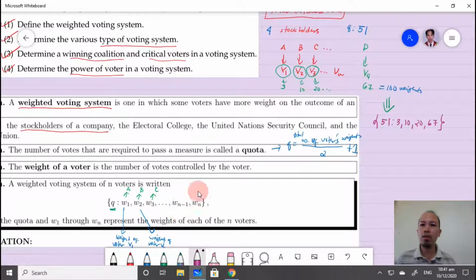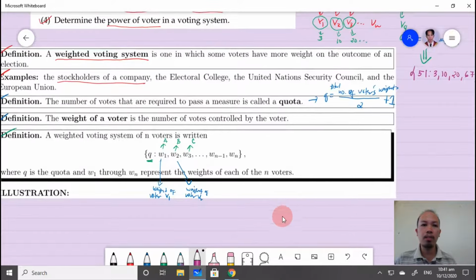So this is for A, B, C, D, and so on. This is the usual notation for the weighted voting system. Please don't forget this notation. We will be encountering it more in the succeeding discussion.